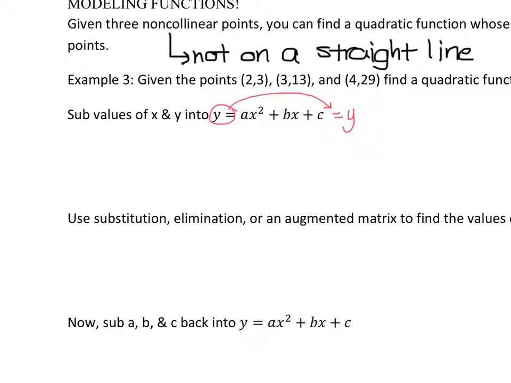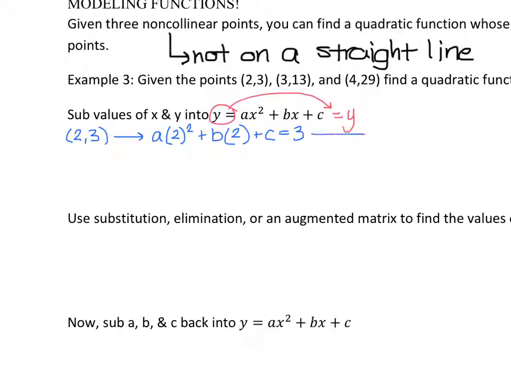So let's start out with 2, 3. We don't know a, so I'm just going to write a. What is x? 2, so we write 2 squared plus b times x again, so that's 2, plus c equals, what's y? 3.